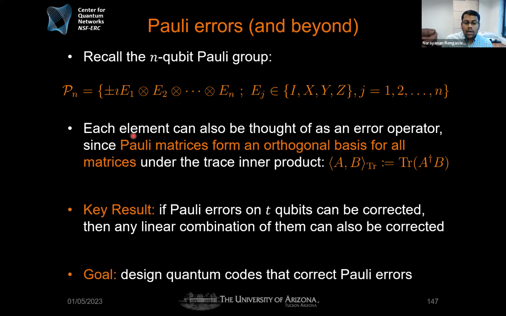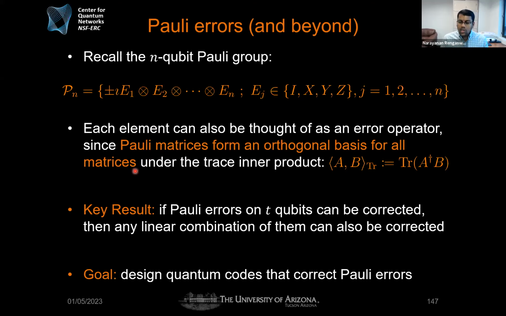And because Pauli matrices form a basis for all matrices, you can represent any channel in the Kraus representation where the Kraus operators are linear combinations of Paulis. And so effectively, any channel can be decomposed using Kraus operators, which are further decomposed using Pauli matrices.